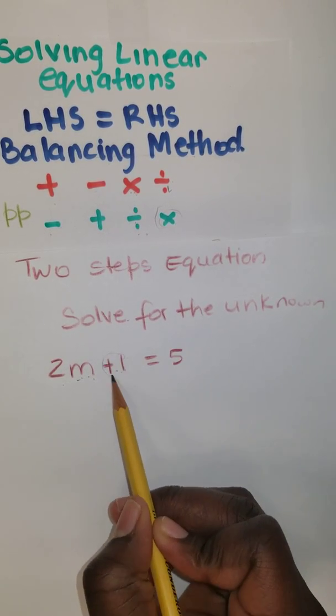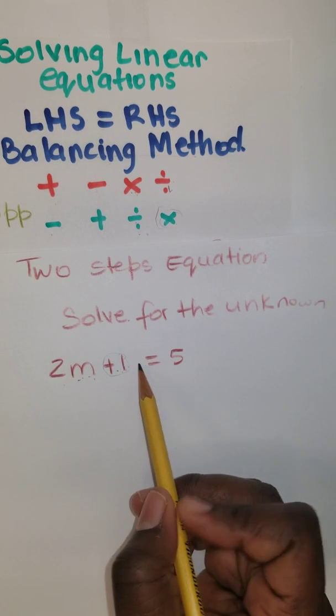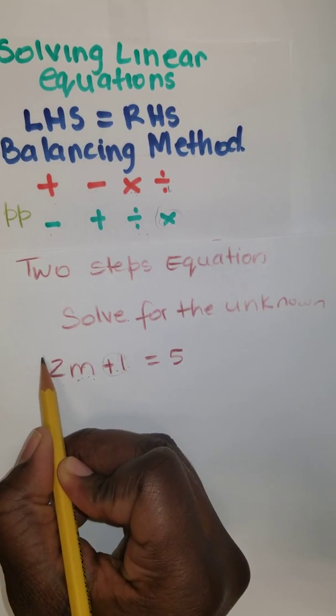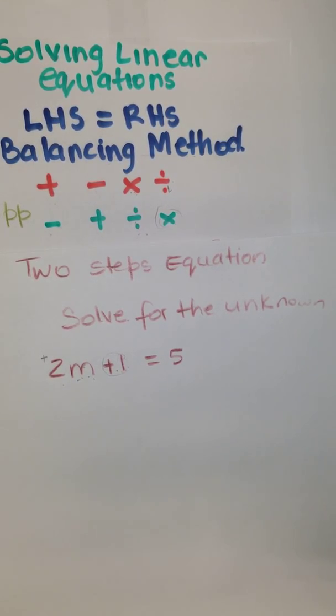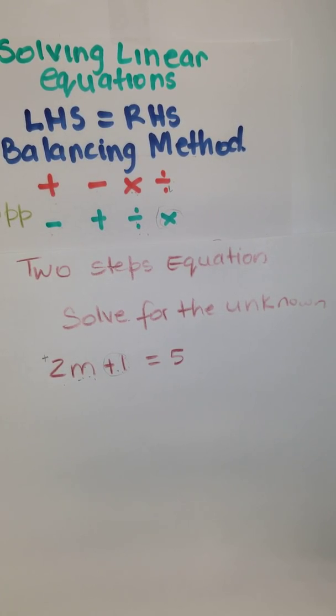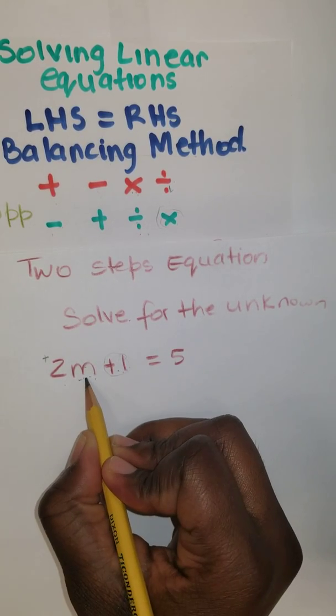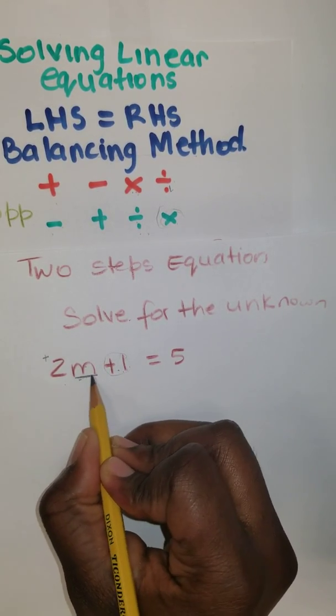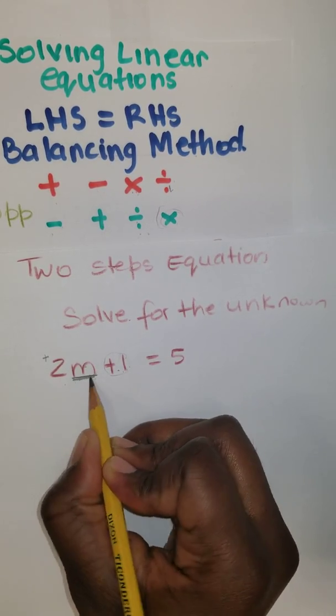This is a positive 1 because there's a positive sign in front of it. This 2m is also positive even though there's no sign in front of it, but we know that numbers without a sign are also positive numbers. So we need to solve for m because m here is the unknown variable.